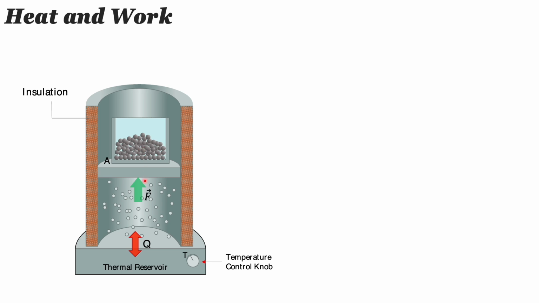At the current stage, let us consider that the volume of this gas is Vi, the initial state volume, and the pressure being exerted on it is Pi, and this piston is not moving because the pressure of the gas inside this cylinder has balanced the pressure exerted by the lead shot.